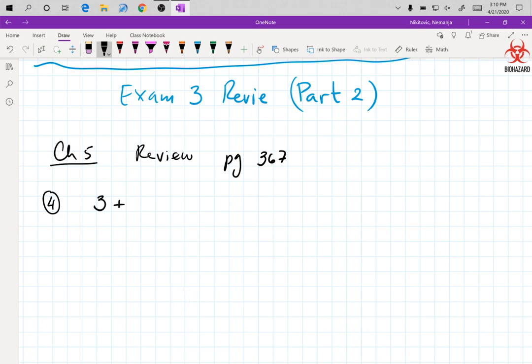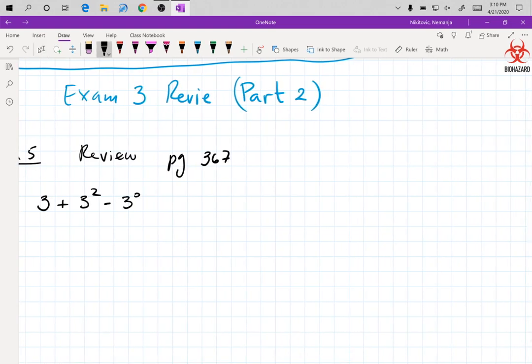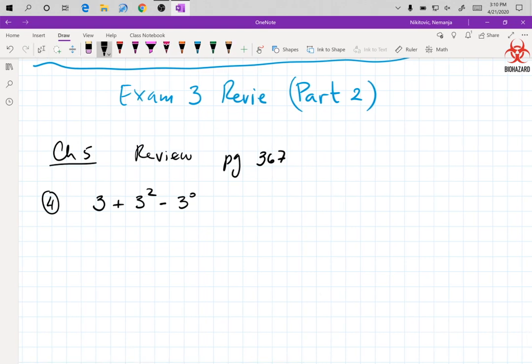So 3 plus 3 squared minus 3 to the 0. That's something that we are supposed to compute. So that's 3 plus 9 minus 1, because 3 raised to the 0 is 1. 3 plus 9 is 12, minus 1 is 11. So that would be an introductory problem.